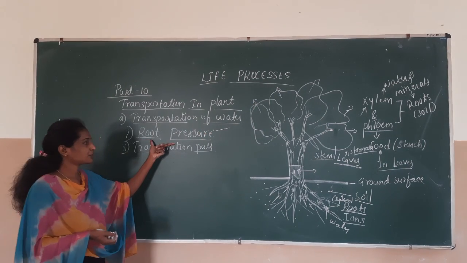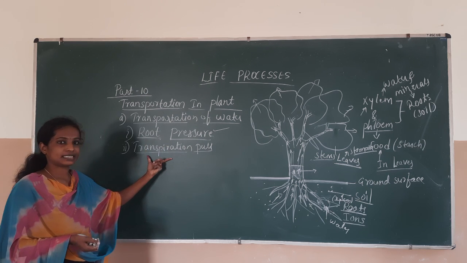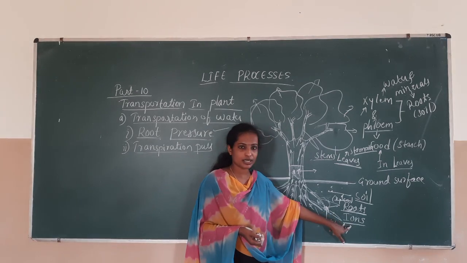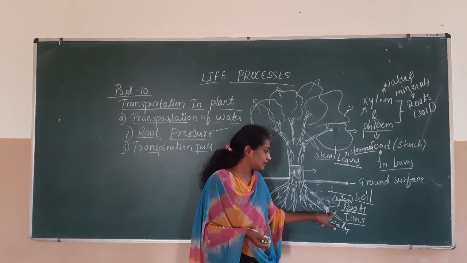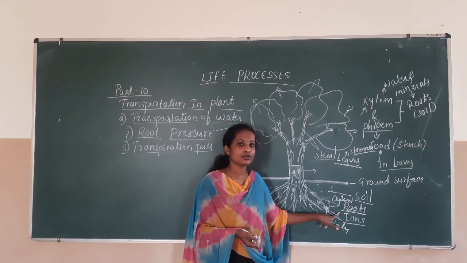The two steps involved in the transportation of water are root pressure as well as transpiration. During root pressure, the root actively absorbs the ions from the soil and it creates a concentration gradient between the soil as well as root.